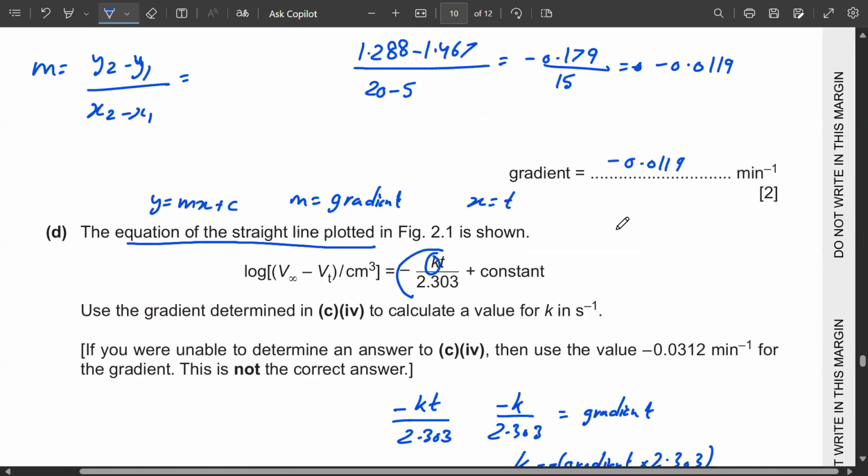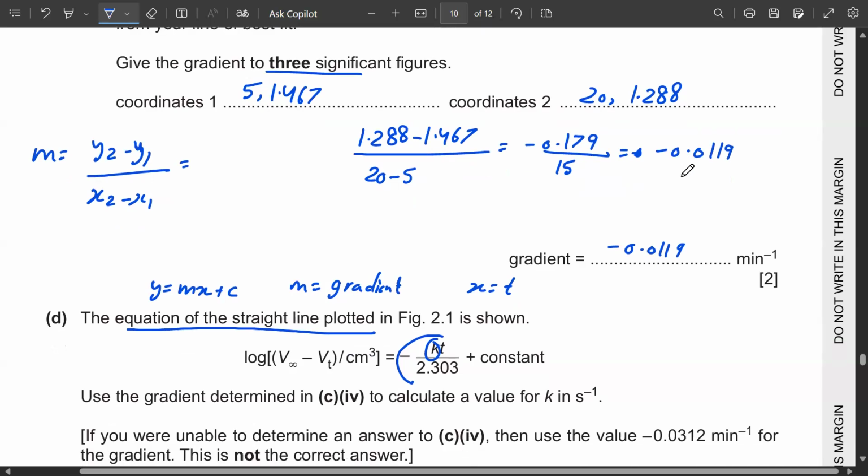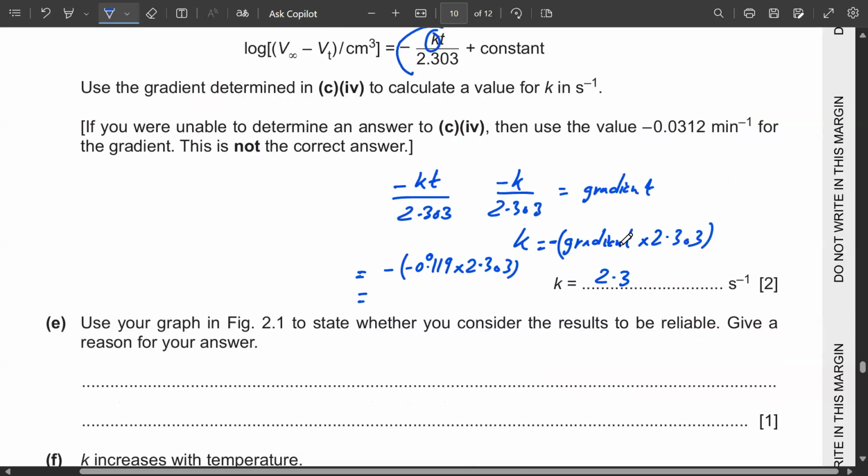Where am I mistaking? The value is 0.0119. It should be multiplied with 2.303.